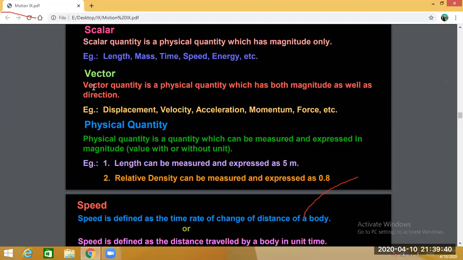Physical quantities can be subdivided into two parts, scalar quantity and vector quantity. An example of a physical quantity is length, which can be measured and expressed as 5 meter. 5 is the magnitude and meter is the unit. So magnitude is always expressed in a numerical value.